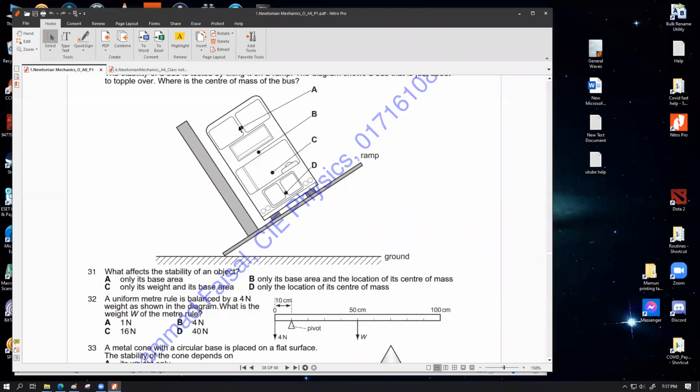But then again, if the top end is kept vacant and people fill up the lower side of the bus, then the COG is going to go even further down. So it's about the distribution. It's pretty much like books on the shelf, like people in the bus, books on the shelf. The more people there are on one side, the more the COG is going to move towards that side.